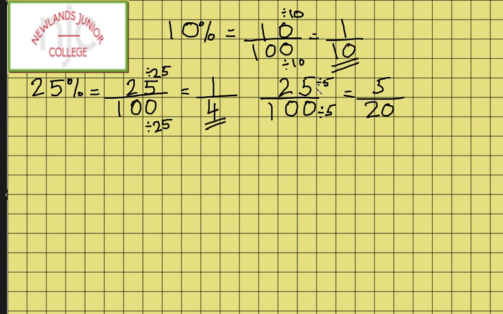Now that's perfectly correct what you've done, but it's not the fraction in its simplest form. 5 isn't the highest common factor. As long as you recognise with your new result that you still have some work to do, then that's okay. You can do it in 2 steps. We can divide that by 5, and we can divide that by 5. If we do that, we end up with 1 on the top, 4 on the bottom, and we get the same result that we had before.